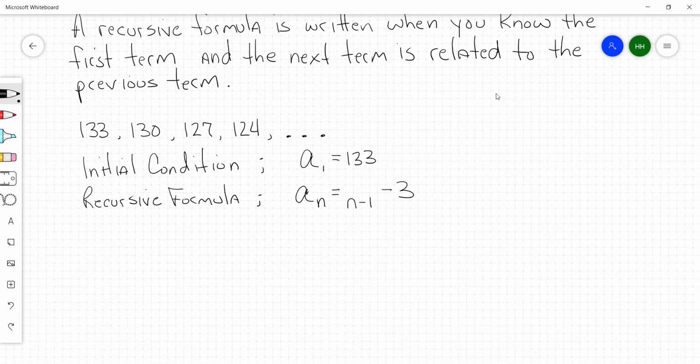There's supposed to be another a right here, and this is a rough morning for me. A sub n equals a sub n minus 1 minus 3. And these terms are also numbered as well. So here's your first term in the sequence, second, third, fourth.